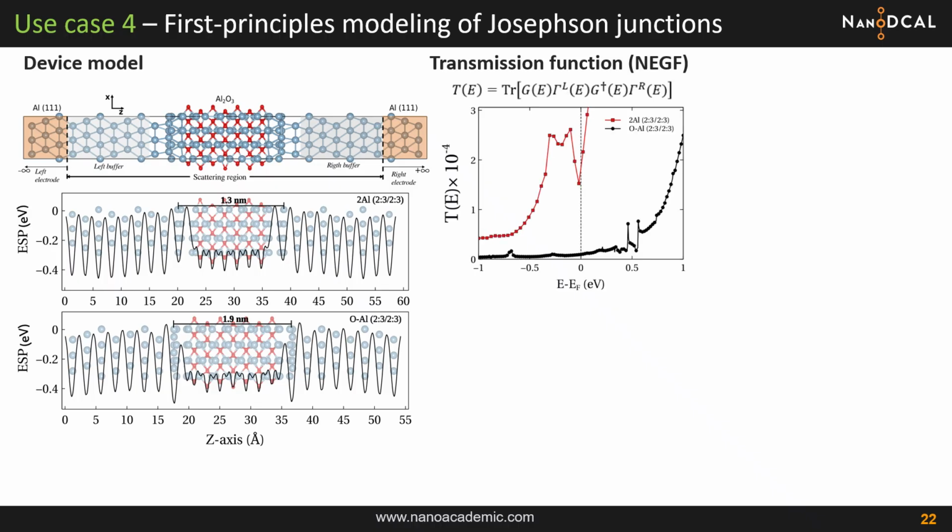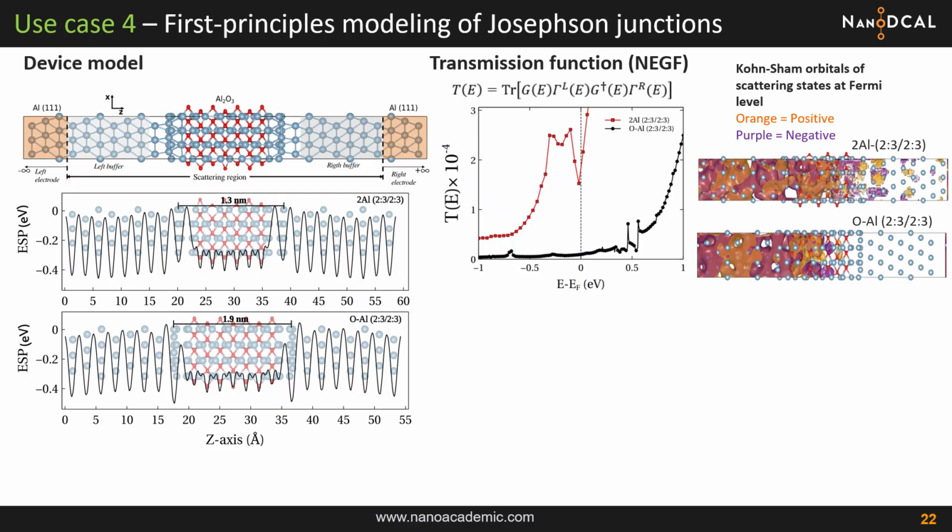We can plot the transmission function for two termination modes of the junction and see that the transmission, in particular at the Fermi level, can be orders of magnitude different for different termination modes. We can plot the Kohn-Sham orbitals of electrons scattering through the junction and see that in one termination mode, electrons easily go through, while in the other, they are reflected back into their original side of the junction.